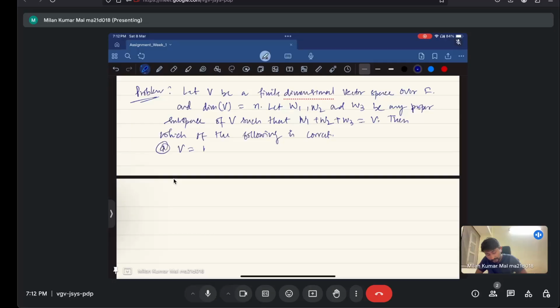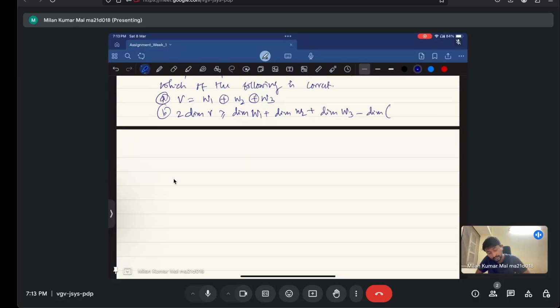First one, V is equal to W1 direct sum W2 direct sum W3. Second one, dimension of V is greater than or equal to dimension of W1 plus dimension of W2 plus dimension of W3 minus dimension of W1 intersection W2 intersection W3.